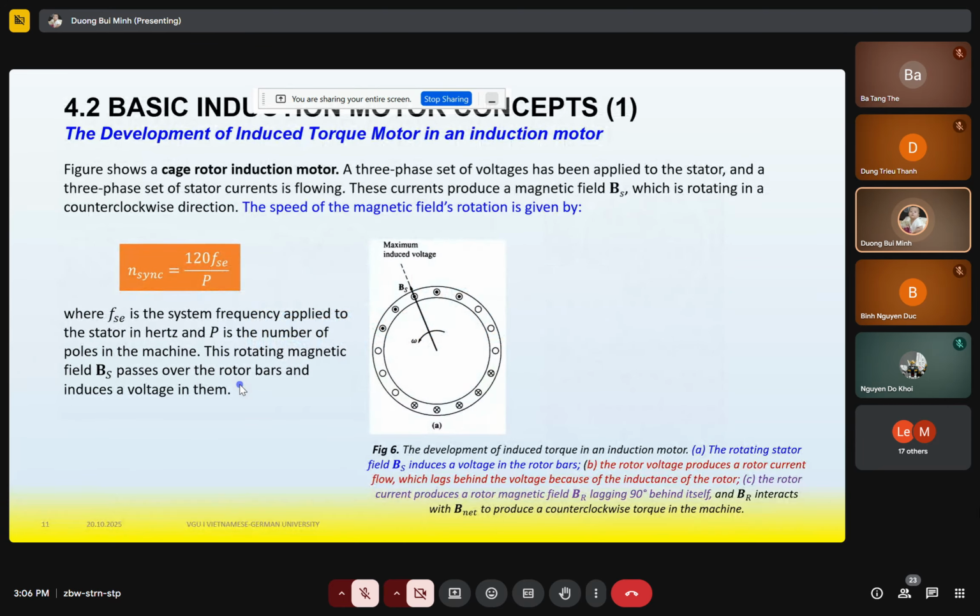Now we go to this second section, 4.2. We have some concepts in relation to the induction motors. Let's come back a little bit.